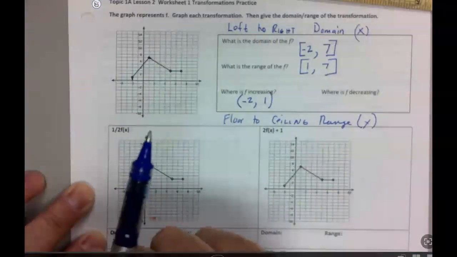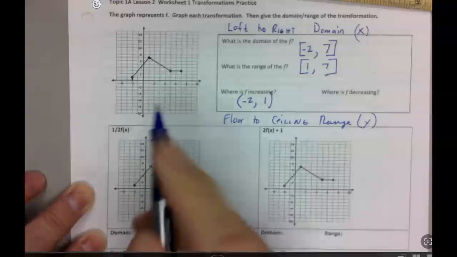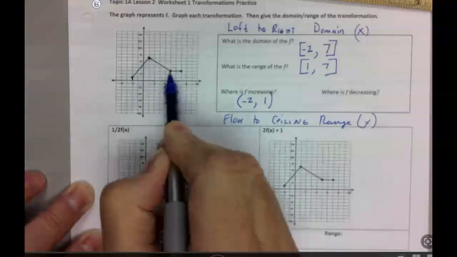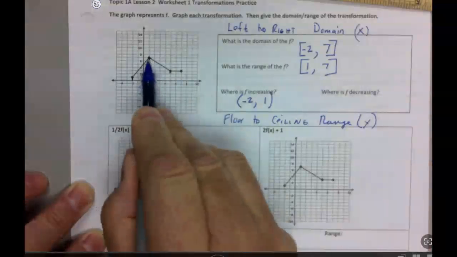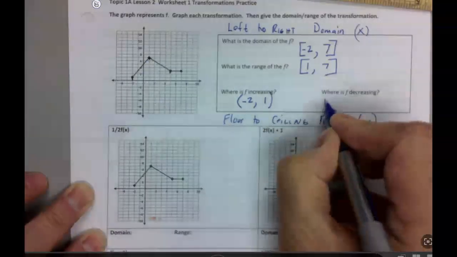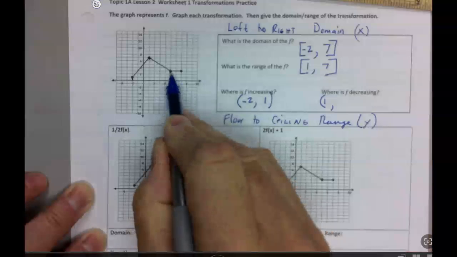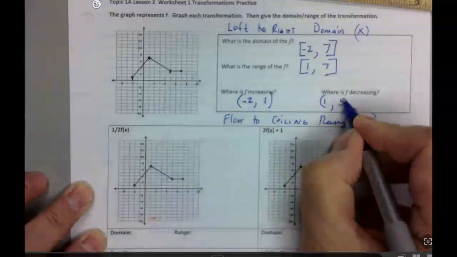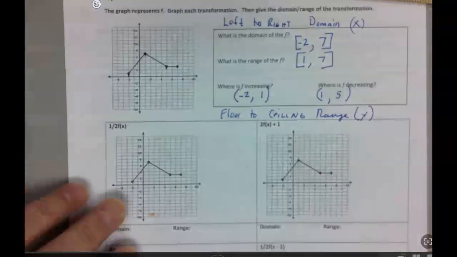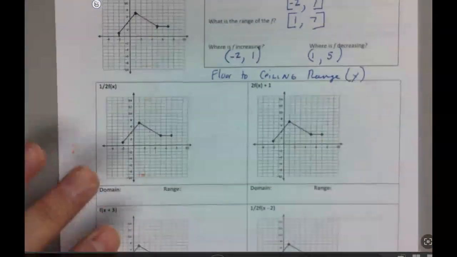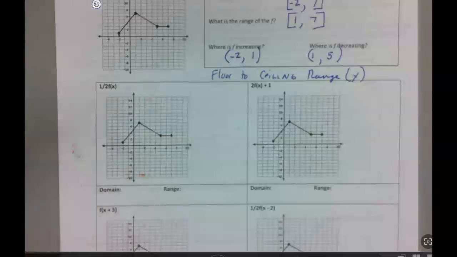Does that make sense? Now, what's it doing from here to here? Decreasing. So what's the x value here? 1, isn't it? And what's the x value here? 5, correct? Not the y value, the x value. Agreed? Everybody see where I'm getting those?